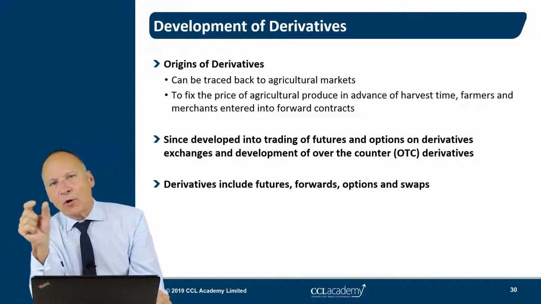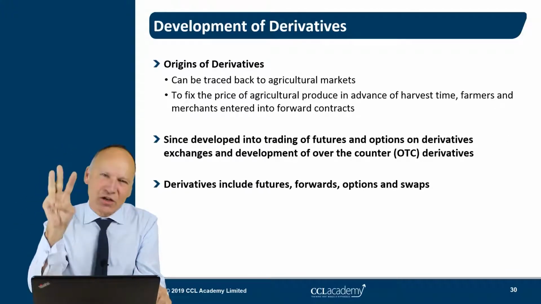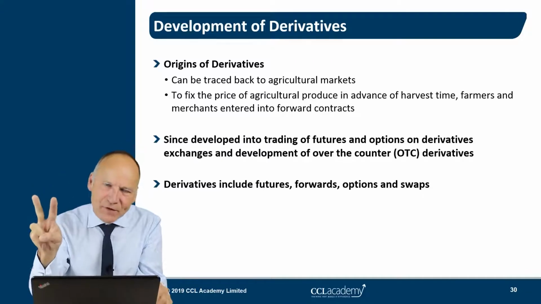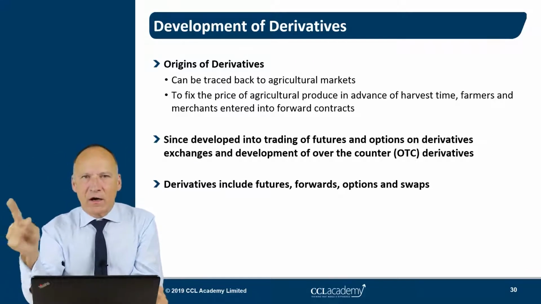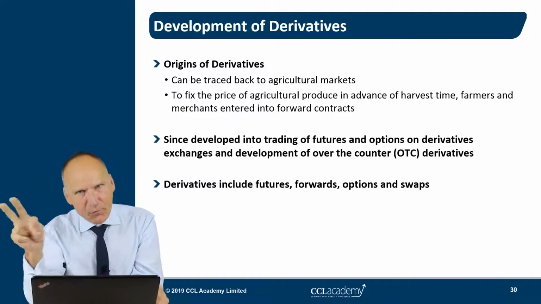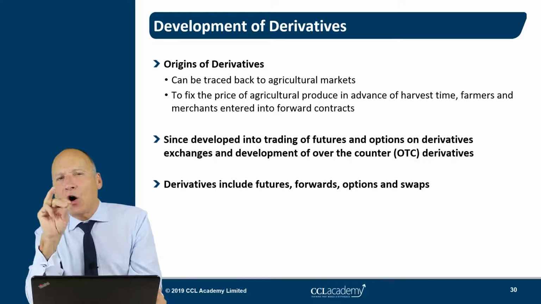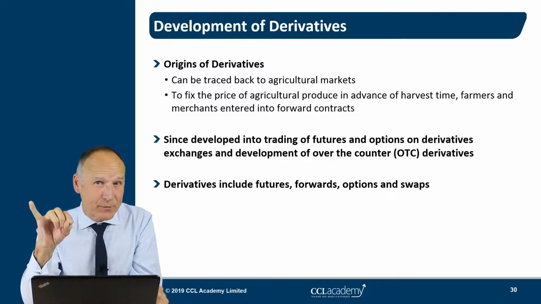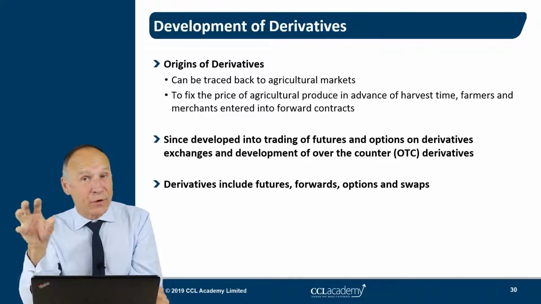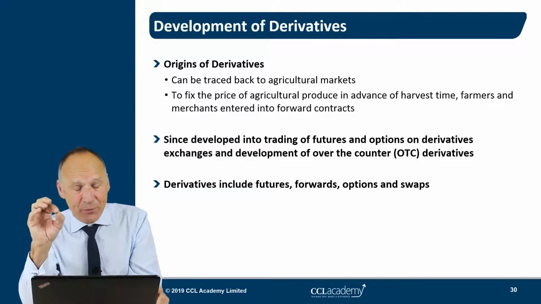They form two major types of derivative alongside another two major types. There are four in total you've got to worry about. They are forwards and futures. The other two are options and swaps. And we will talk about those later in a subsequent video.